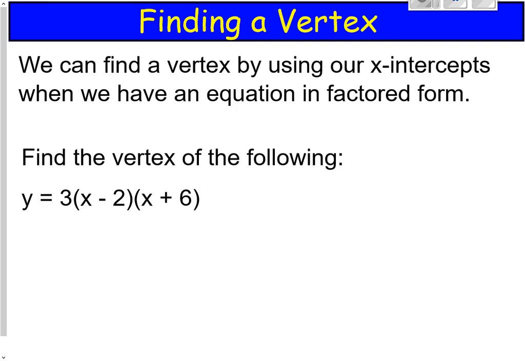We can find a vertex by using our x-intercepts when we have an equation in factored form. So let's find the vertex of the following. If I was looking at this and I wanted my vertex, I would start by finding my x-intercepts. So first step is x-intercepts. Remember that happens by setting y equal to 0.